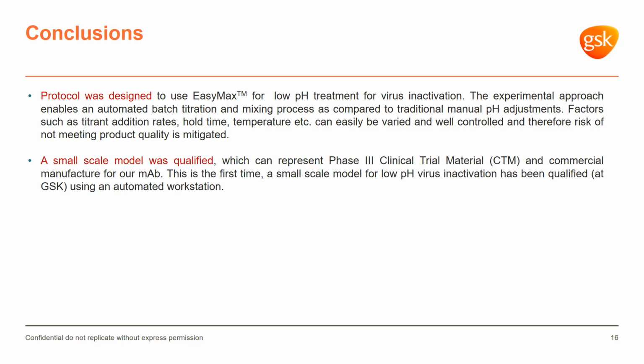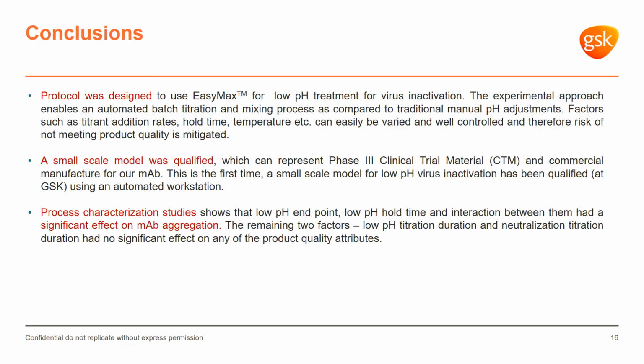We were able to show that the small-scale model used on the EasyMax system is comparable to the commercial large-scale manufacturing at GSK. And the process characterization study showed that the low pH endpoint and low pH hold time had significant impact for this particular mAb.